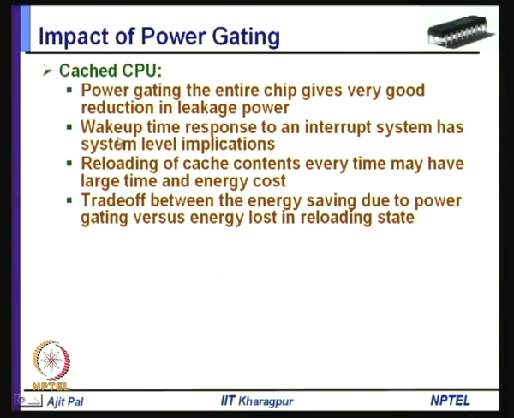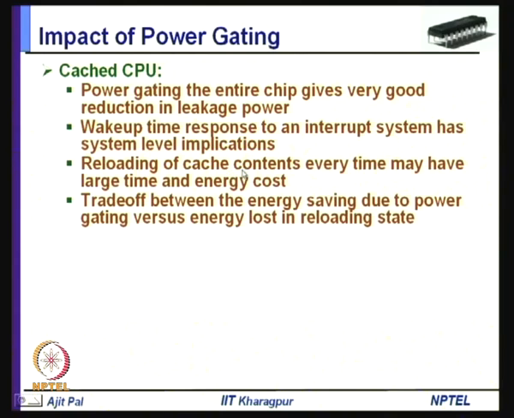When the CPU is power gated, obviously the information stored in the cache memory will be lost. So, wake up time in response to an interrupt has system level implications, because it will lead to cache misses, and you have to transfer from the main memory to the cache memory.